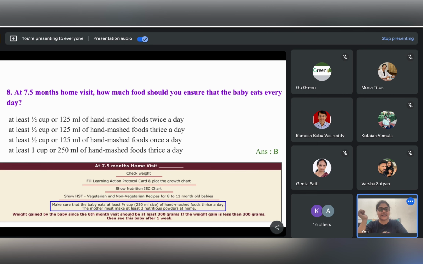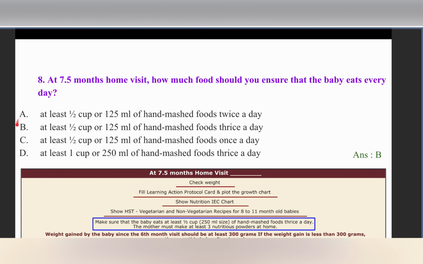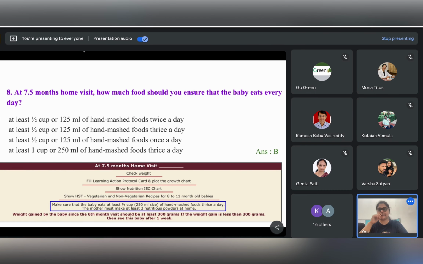So as very correctly said by all of you, it is option B, at least 125 ml of hand mashed foods thrice a day. Correct.